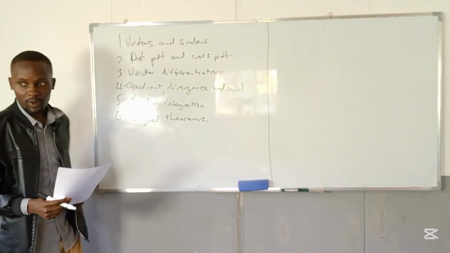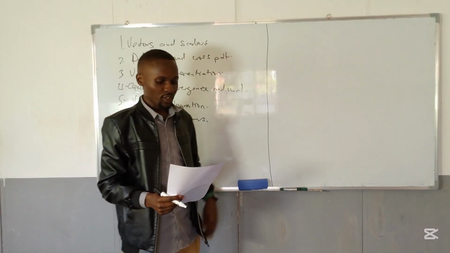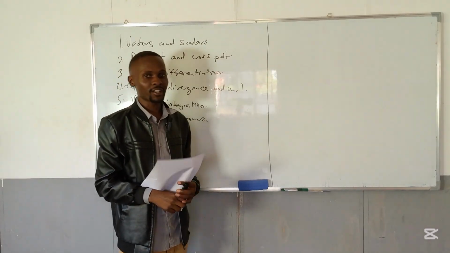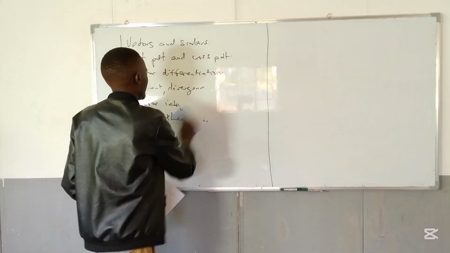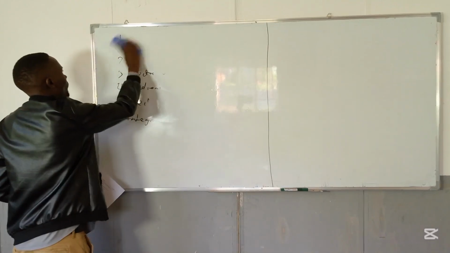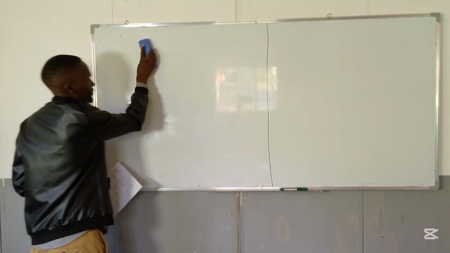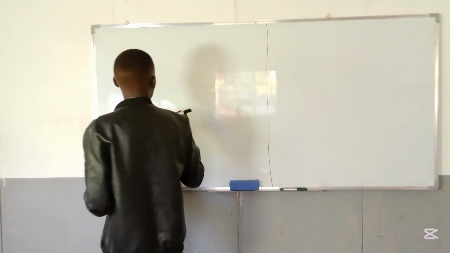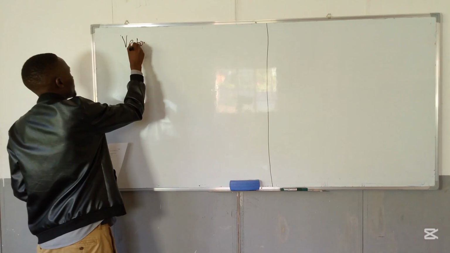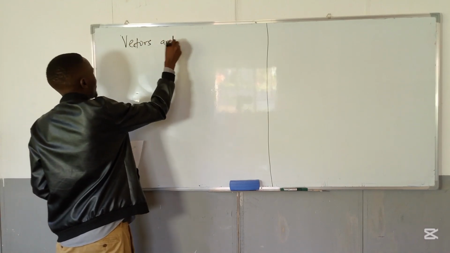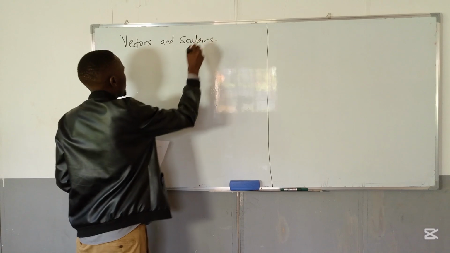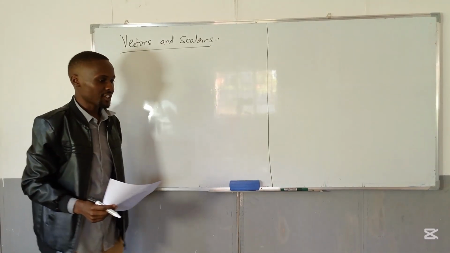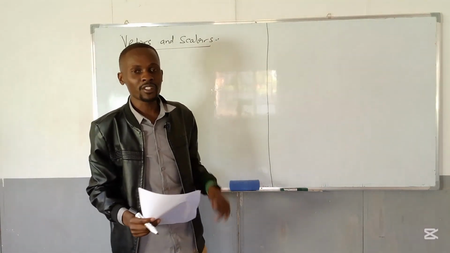So for today specifically, we are going to deal with vectors and scalars, and then the dot product and the cross product. First of all, we have to know what a vector means and what a scalar means. Vectors and scalars are both quantities, okay?